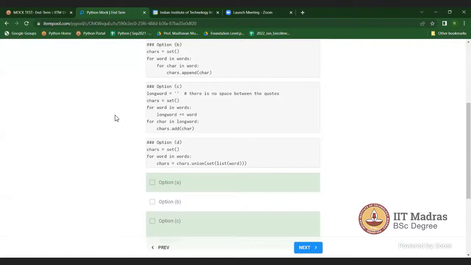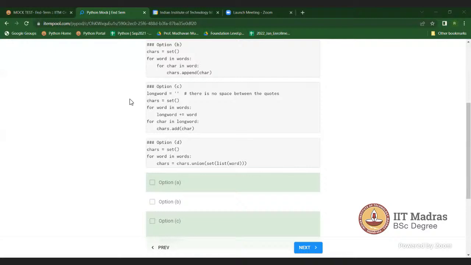Some of the methods like append cannot be used with sets, no? Yeah, append cannot be used in sets. Like that, is there any other common mistake we'll be making? The thing is, it is related to Python, but it is just related to the memory part of it.